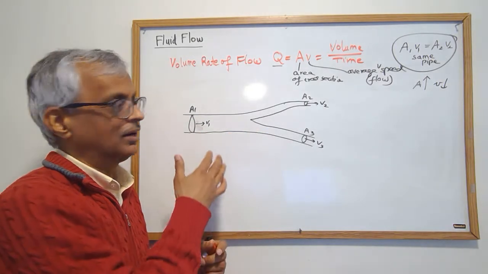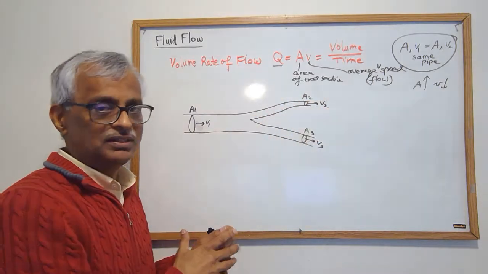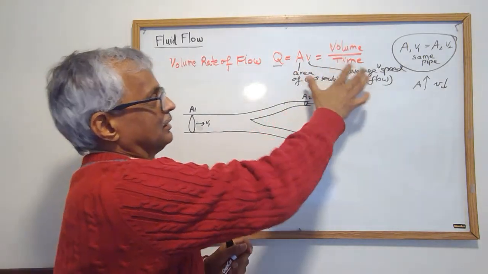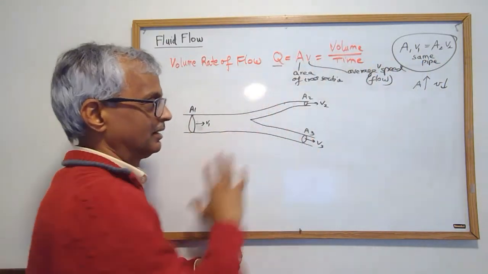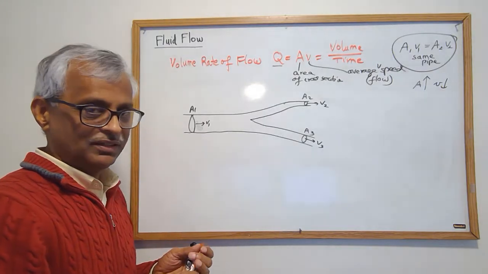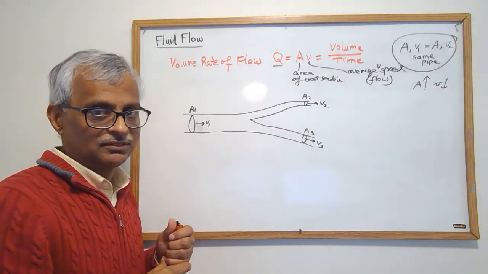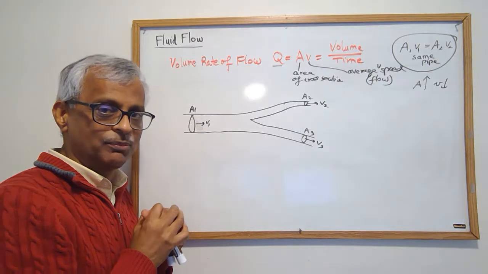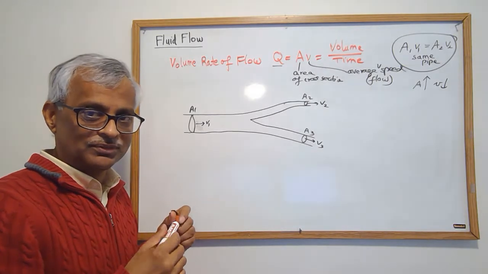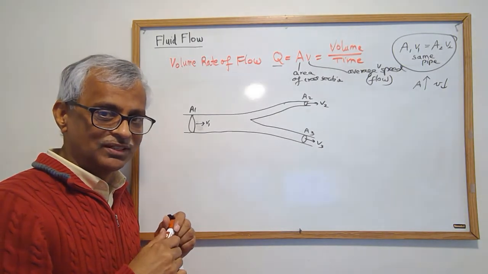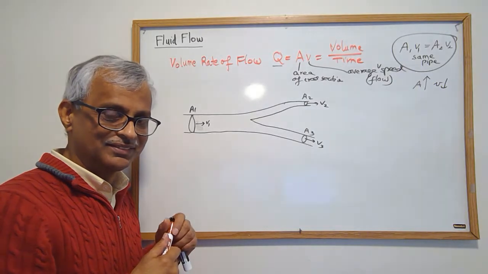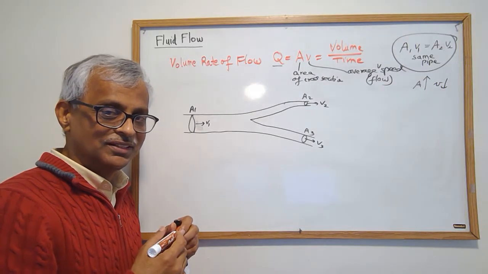What do you think will be the relation between these based on this idea of continuity, and why would that be the case? I'll let you think about it a little bit. You can pause the video and see if you can think on your own.